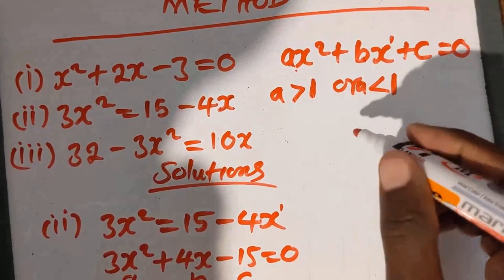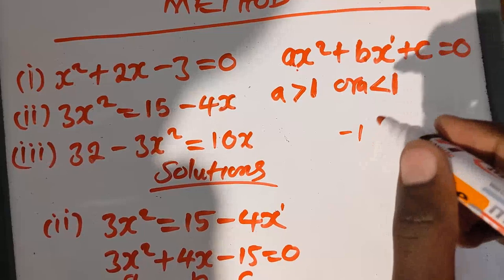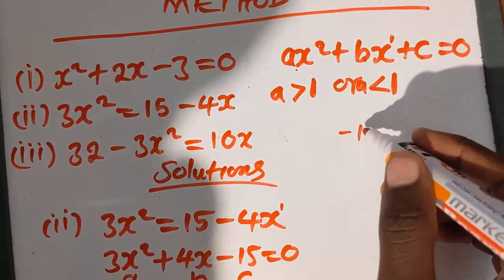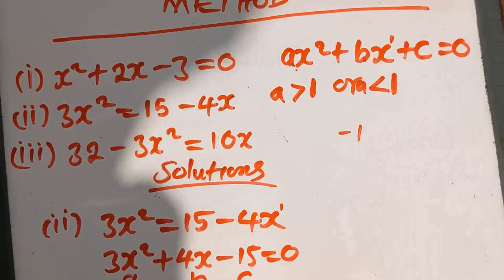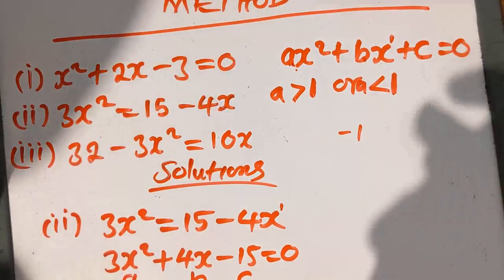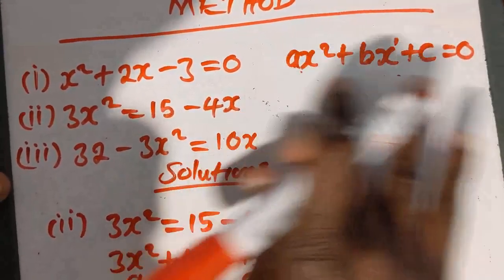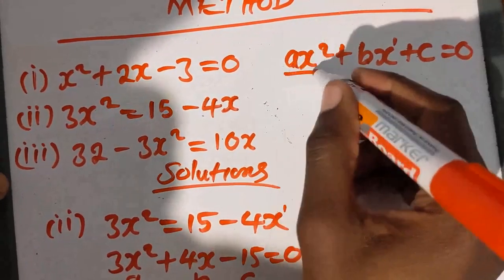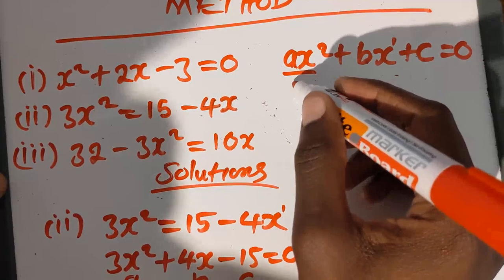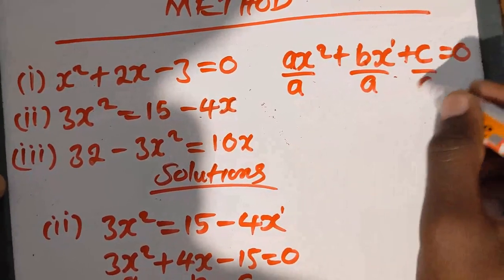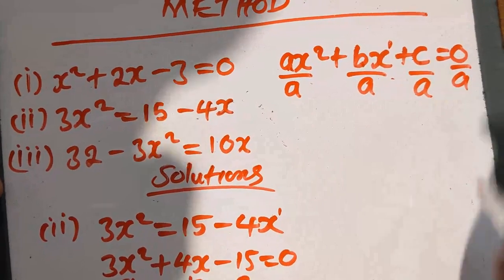And less than 1, meaning that it is -1, starting from -1, -4, -2, negative, like that. If it is like that, then what you are supposed to do is to divide by the coefficient of a, okay?